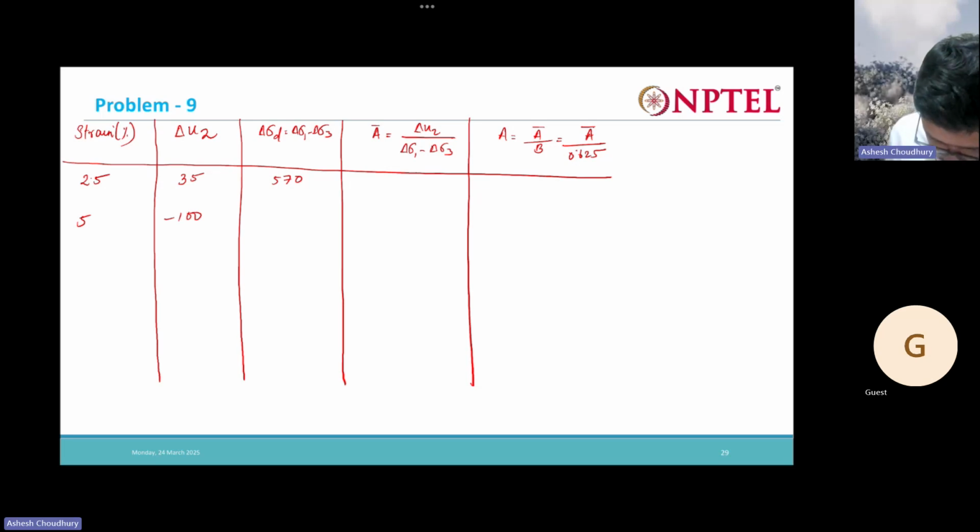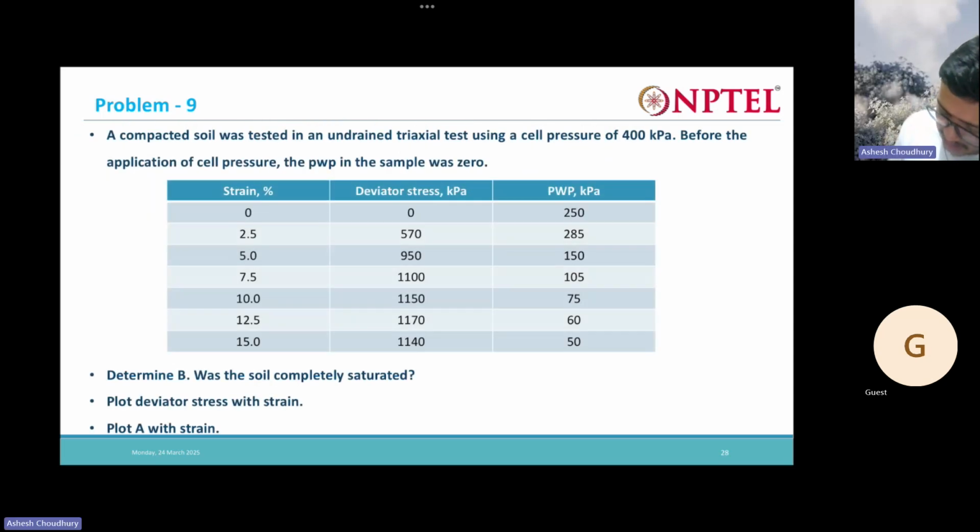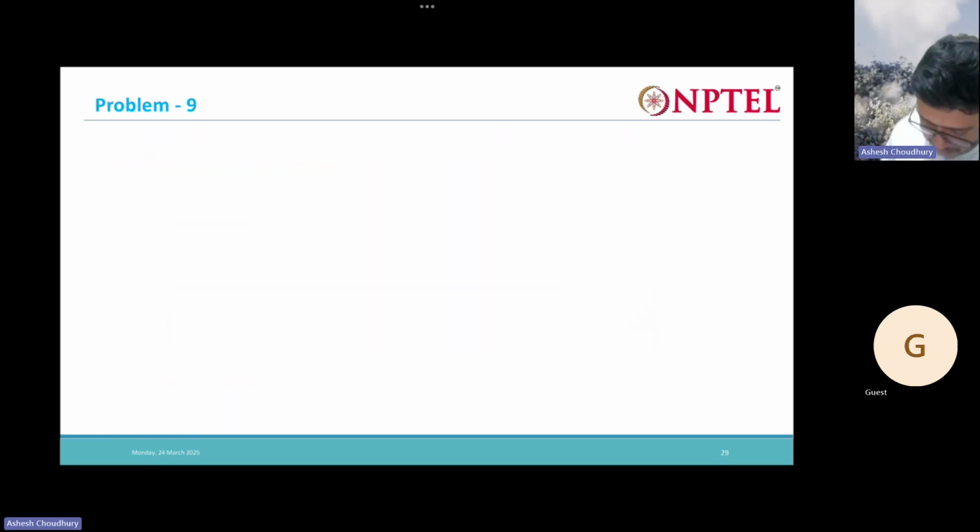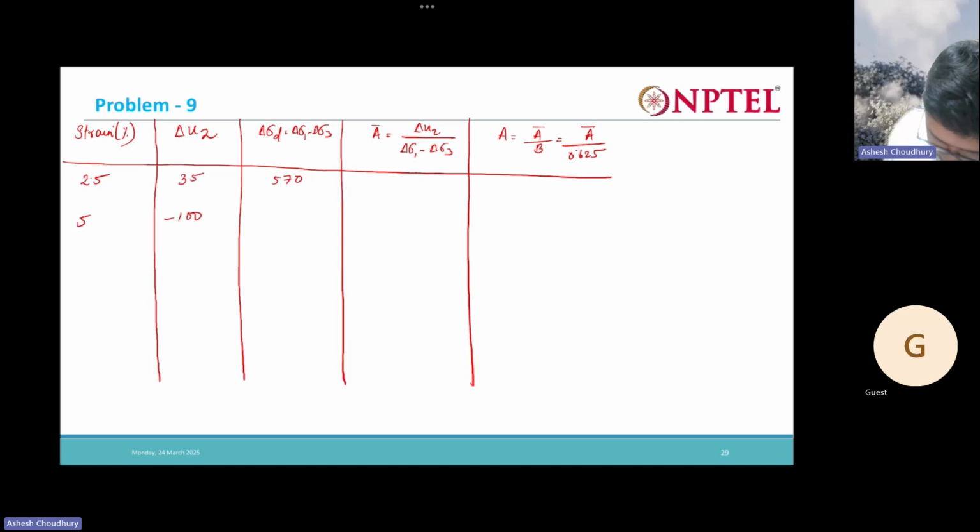Change in pore water pressures: 285 minus 250, 150 minus 285, 105 minus 150, 75 minus the increase. I am writing the differences here.